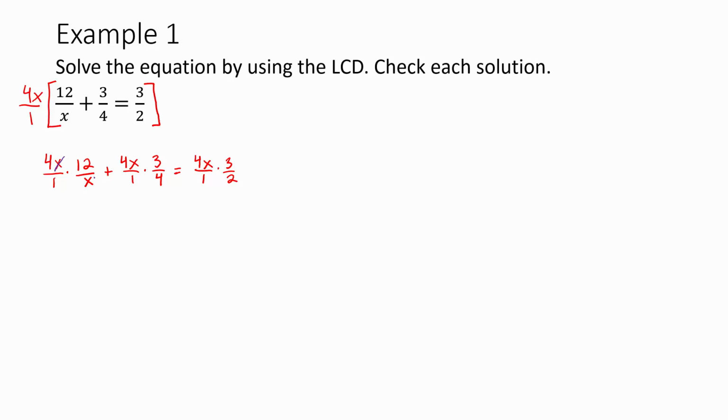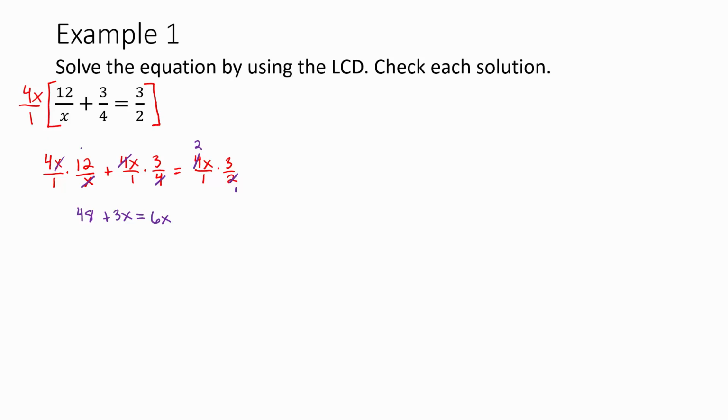So this x and this x. That means what I have left is 4 times 12, which is 48. I can cancel this 4 and this 4, so that now I have x times 3 is 3x. Here I can cancel this 4 and this 2. And so I have 2x times 3, which is 6x.